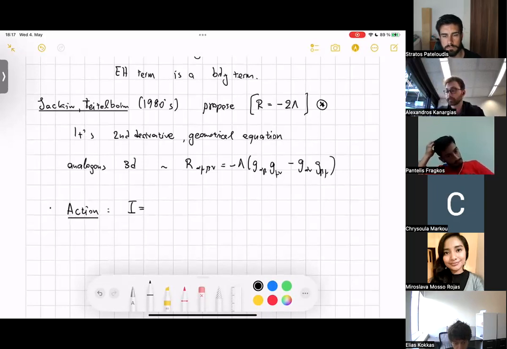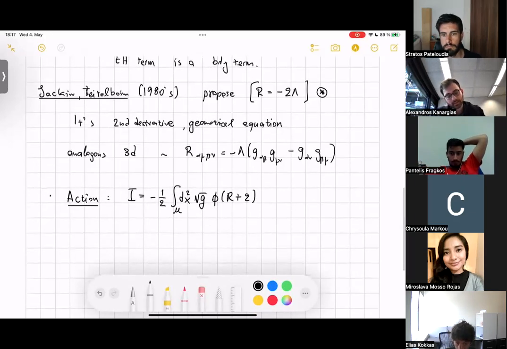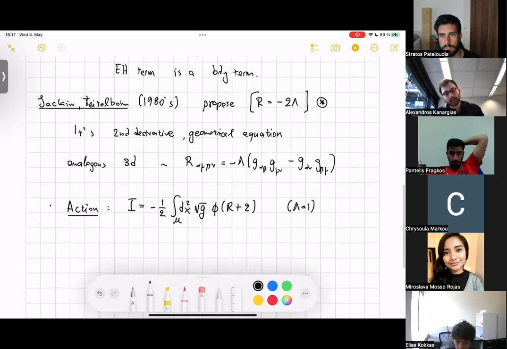The action is minus 1/2 integral, so you integrate over your manifold. Remember, this is two-dimensional, and this is always going to be Euclidean signature. Here I put lambda equals 1. The thing is that we also have now a dilaton.